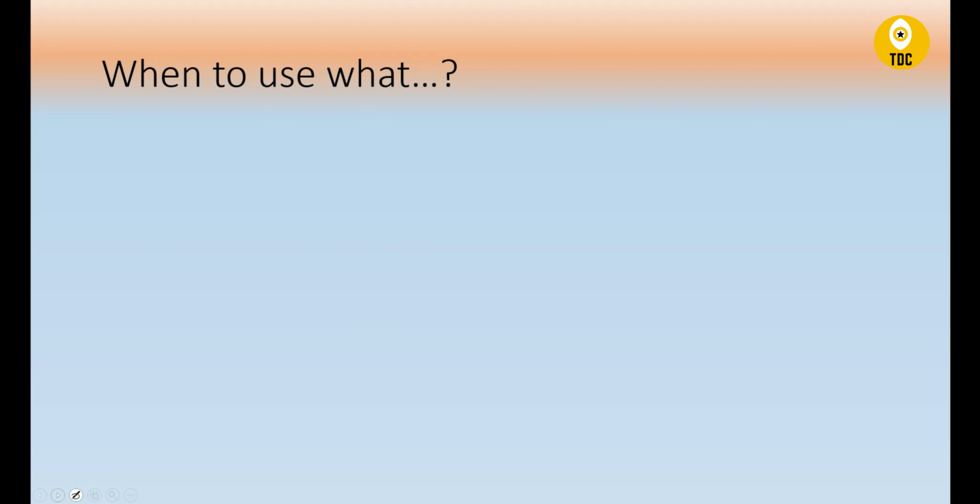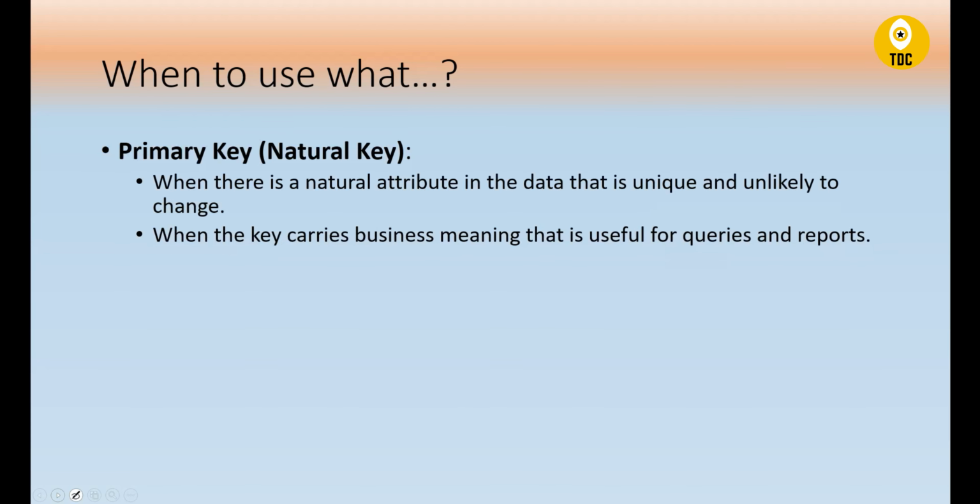So now the important question is when to use what, because now we know primary key and surrogate key, and we know the pros and cons also. You might have already started thinking and have some idea of when to use what. But if you really see, use a primary key or natural key when there is a natural attribute in the data that is unique and unlikely to change, right?